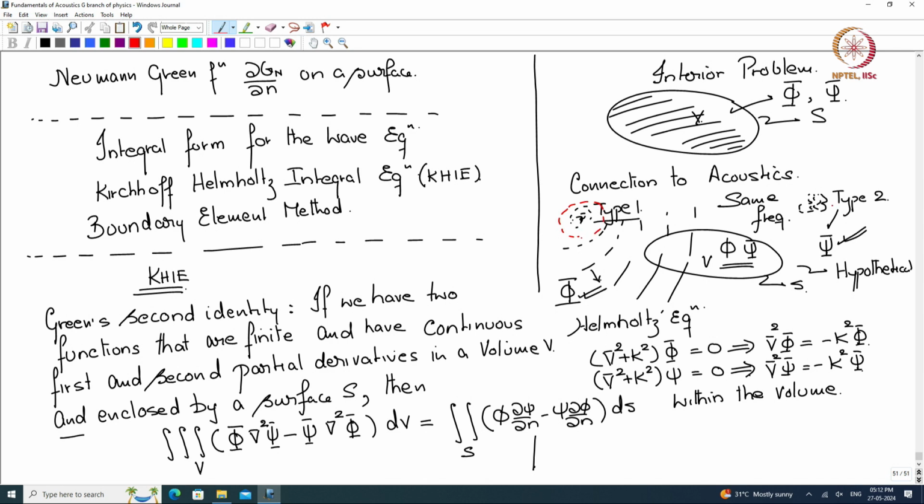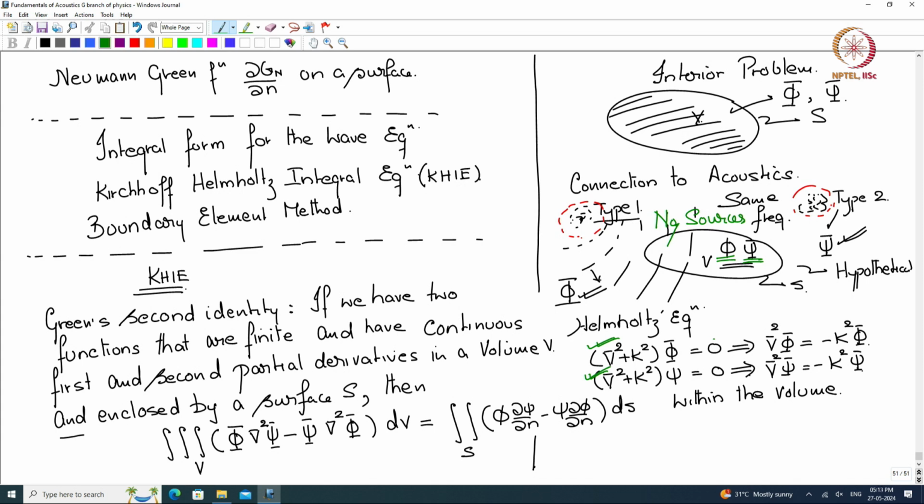The region where the sources are will be singularities, okay. But in the region where there are no sources, phi and psi will be well behaved, and that well behavedness is shown by this satisfaction of the homogeneous wave equation.